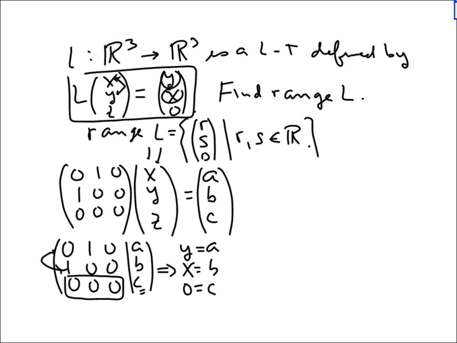So, what does this tell me? This tells me that A, B, C, to be in the range, must be y, x, 0.